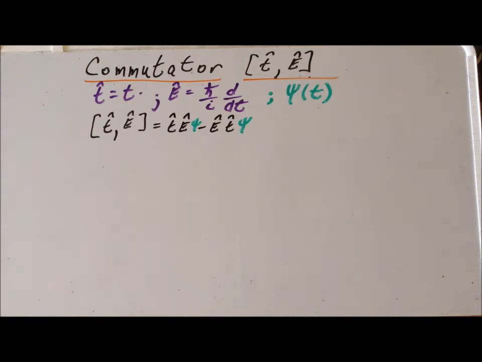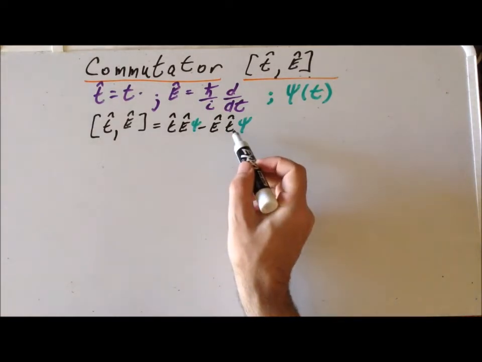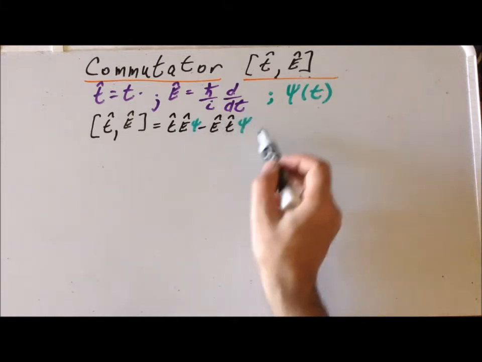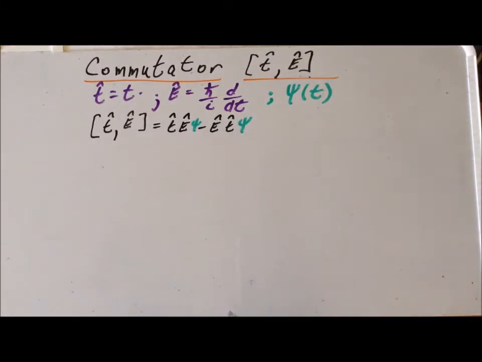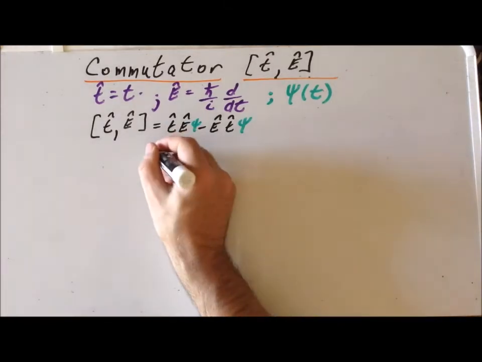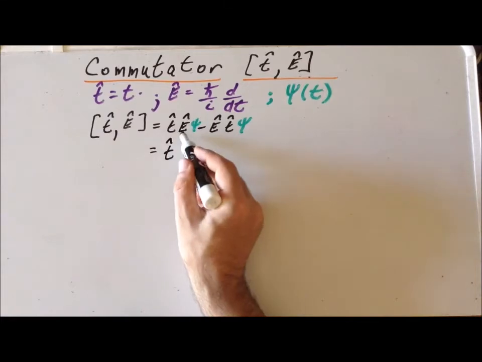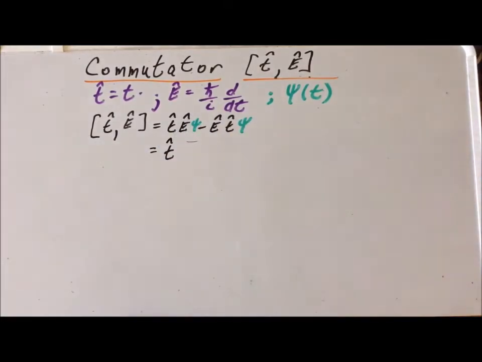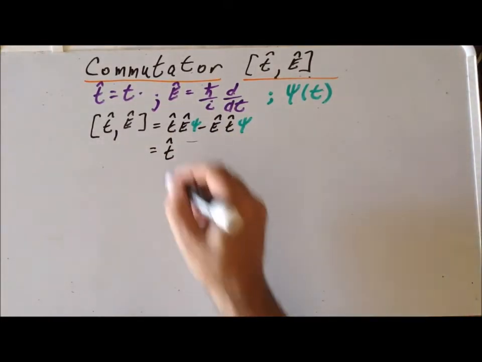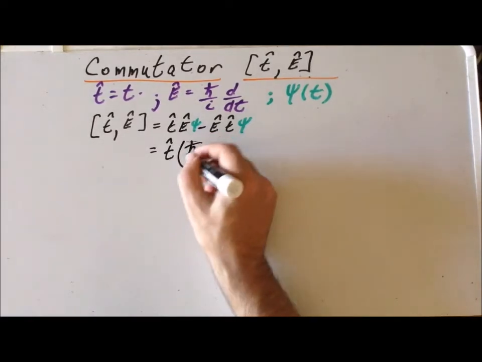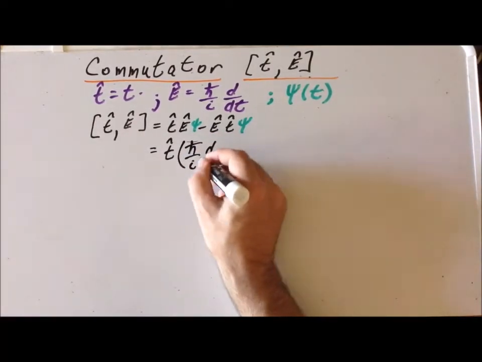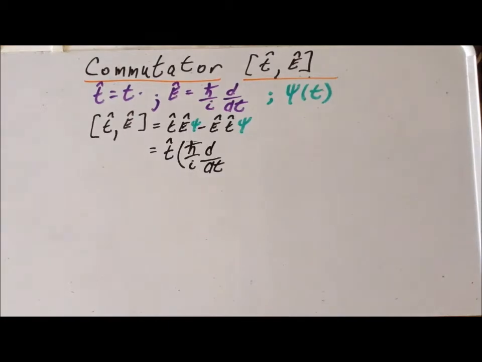Well, remember, when we have a series of operators acting on a function, the operators proceed from right to left. So let's just bring down the t operator and have the e operator act upon psi. So what do we get? Well, we get h bar over i times d dt of psi. So we have the first derivative with respect to time.